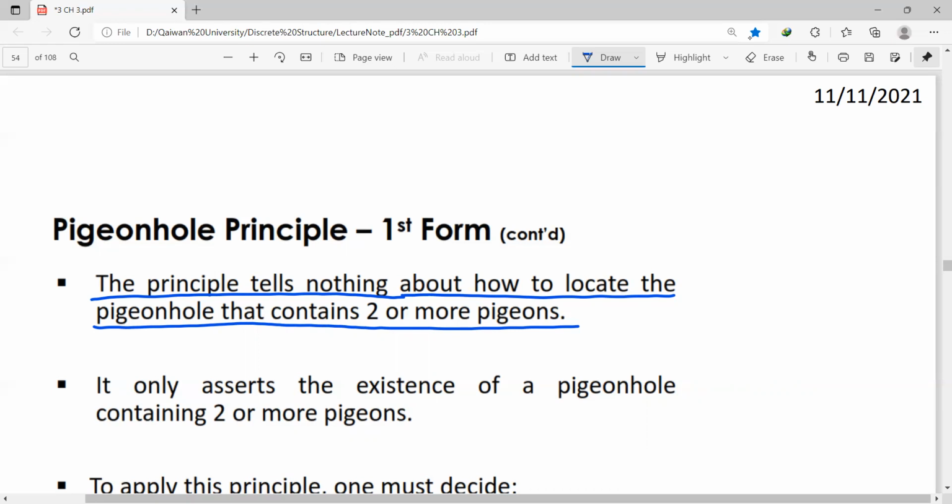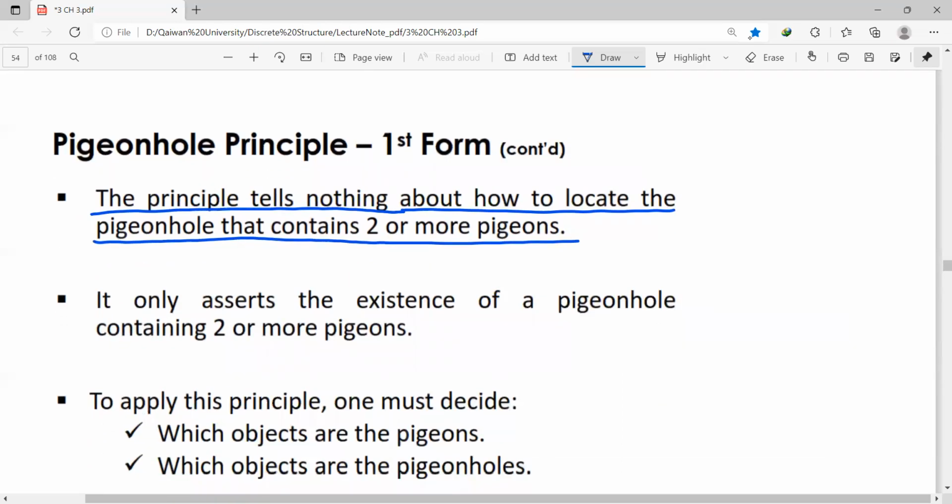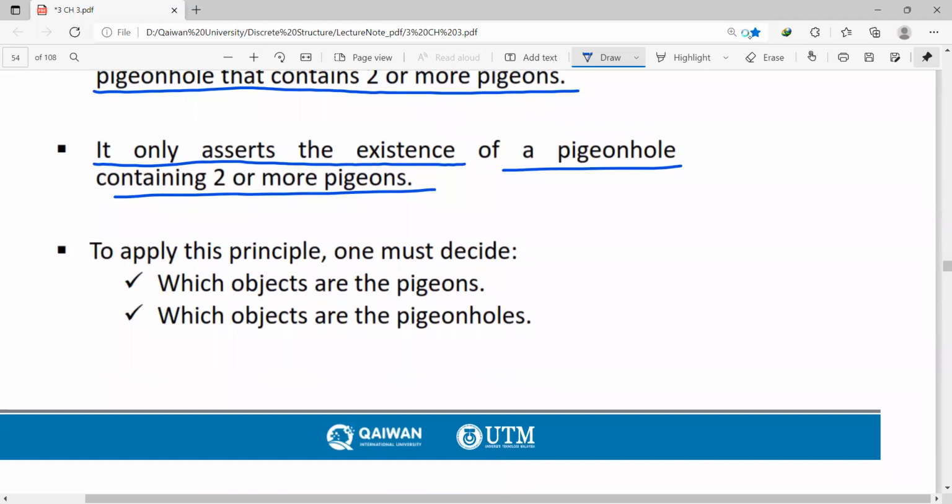It only cares that there is at least 1 pigeonhole which contains at least 2 pigeons. It only asserts the existence of a pigeonhole containing 2 or more pigeons.